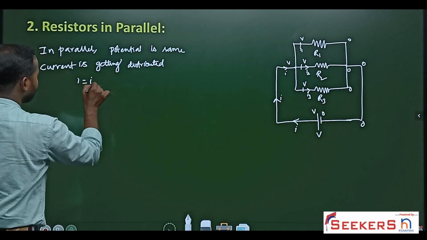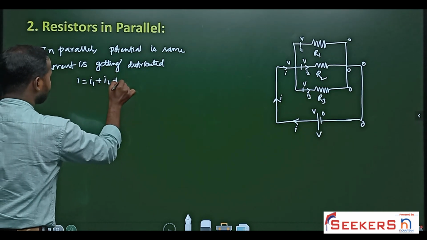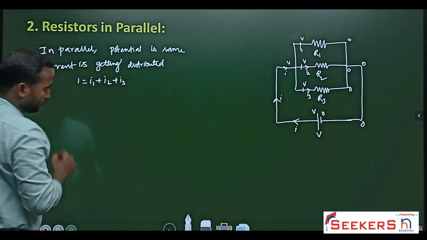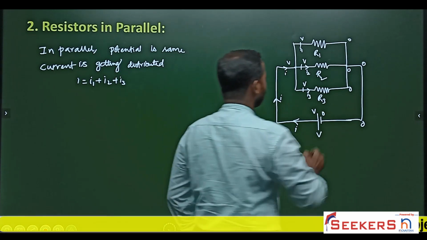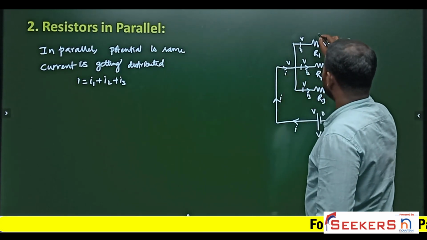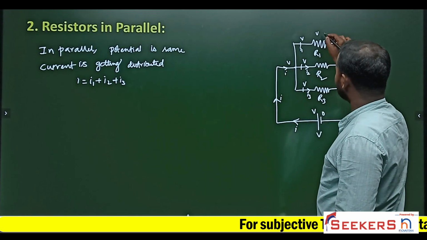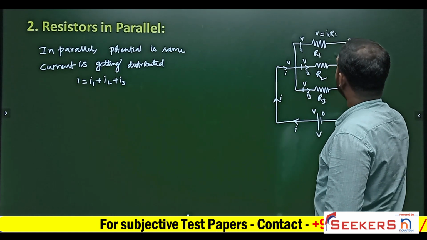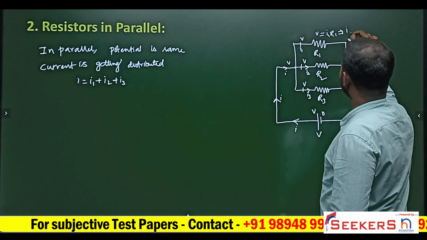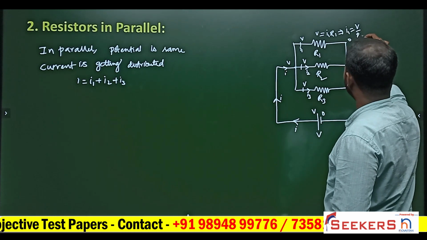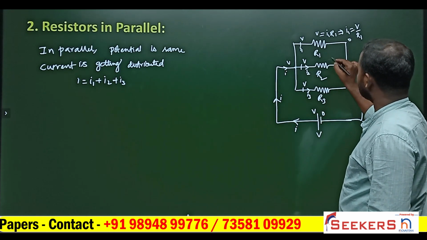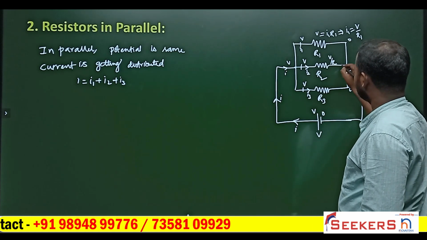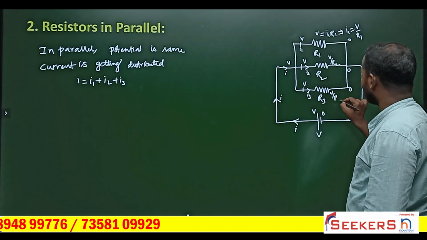I is equal to I1 plus I2 plus I3. Now let us see the potential drops here. Here V minus 0, that is V, is the potential drop. According to Ohm's law, can I say it as I1 into R1? Similarly, I1 is equal to V by R1. How much is the current here? Can I say it as V by R2? Here it is V by R3.